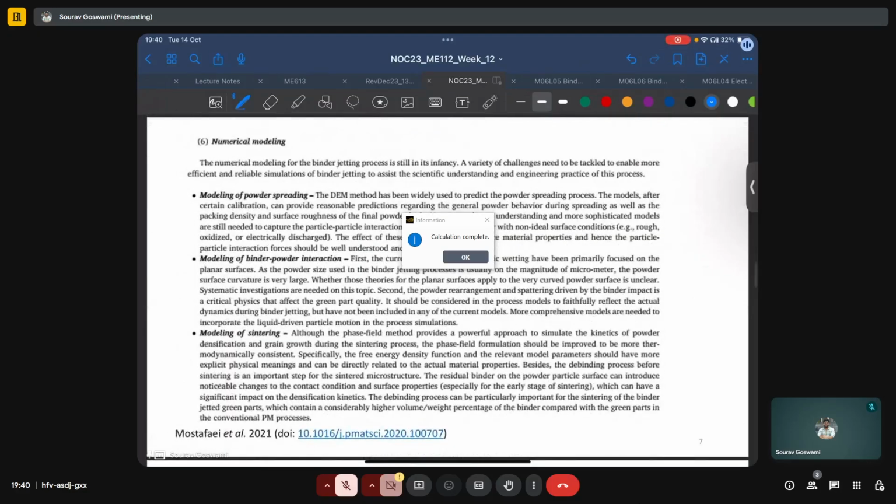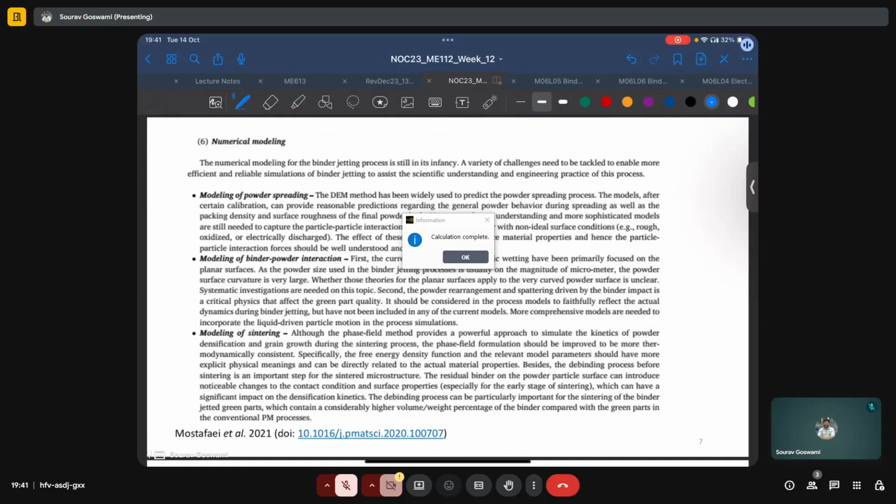Further, this paper also provided some insights into the numerical modeling of the binder jetting process. During the bonus live session, we already looked at numerical modeling of the fusion-based processes, such as powder bed AM, like powder bed fusion, or directed energy deposition, or wire and arc additive manufacturing.